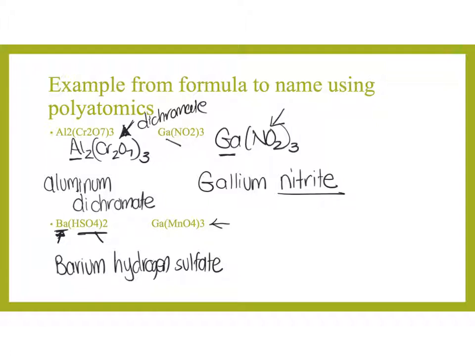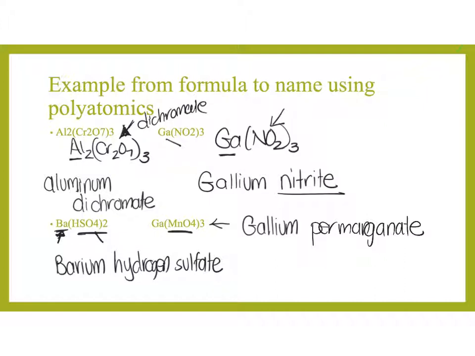This one, so again we have Ga, so that's gallium. MnO4, I'm going to see is actually called permanganate. Like so.